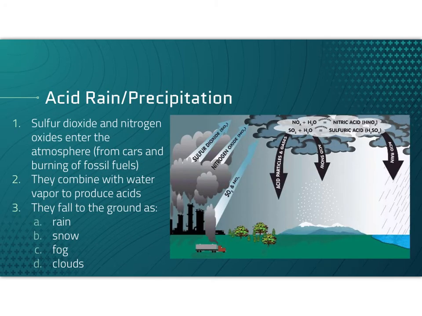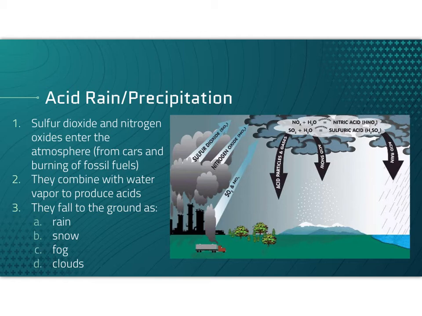Acid rain or acid precipitation is acids and bases in real life in the environment. How do we get acid rain? Well, sulfur dioxide and nitrogen oxides, so SO2 or NO, NO2, NO3.